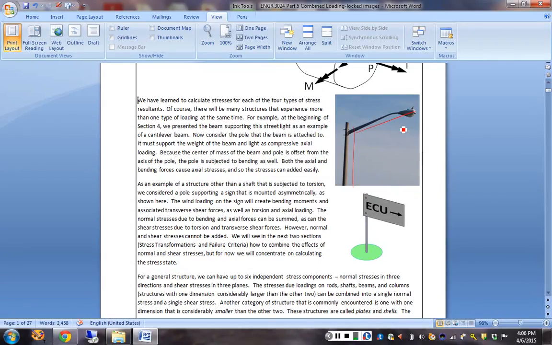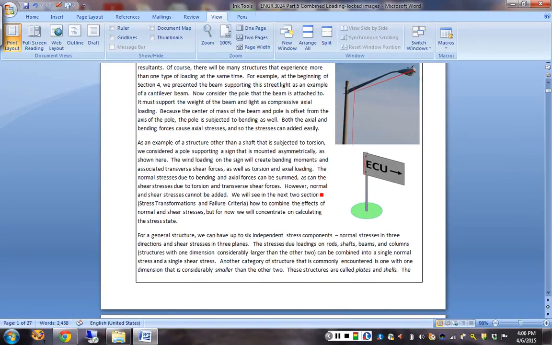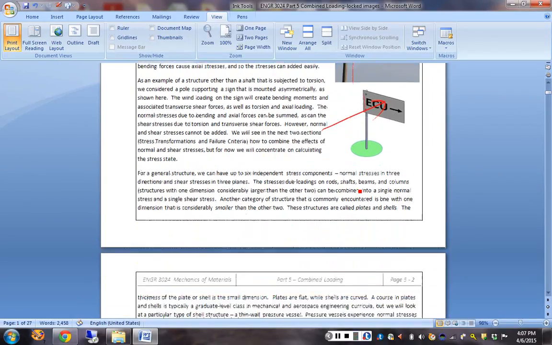If there was some wind load on the light pole, or an easier way to think about that is this sign. If you've got wind blowing on the sign, you've got shear at the connection point, where the sign is concreted into the ground. You've got twist on the sign, as well as a bending moment that would tend to make it bend over onto the ground.